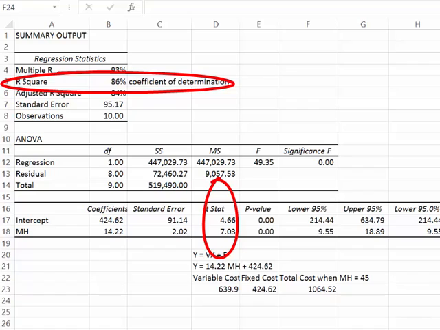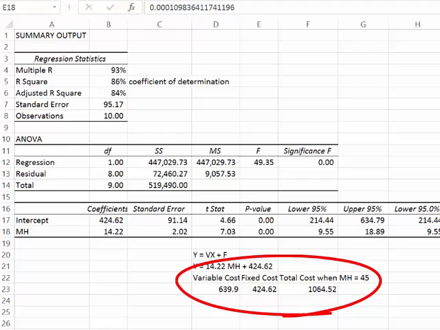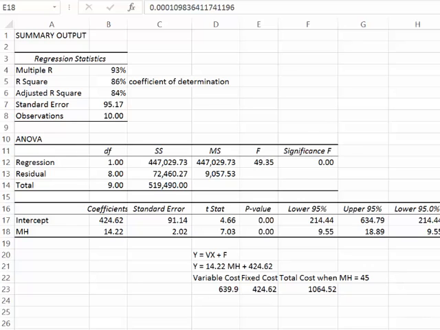We want to look at the t-stat, the larger the better. We want to look at those for each row of the regression. The p-value is the probability that these results happened only by chance, that they are strictly random. We can take our coefficients and use those to write our equation, and once we have the equation, we can use it to make a point prediction like we did here for machine hours at 45.